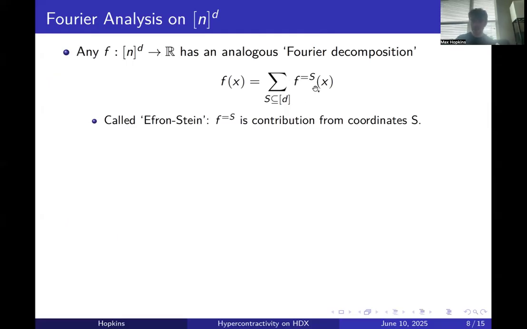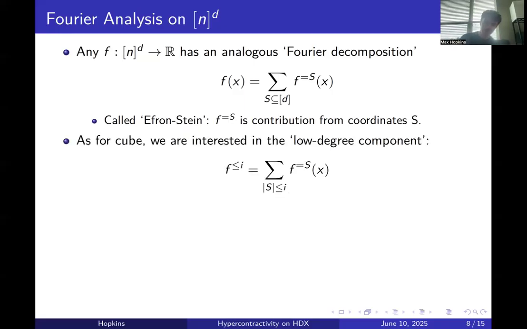F equals S, these are the Efron-Stein components, and roughly speaking, f equals S is the contribution to the function coming from coordinates S. You basically just project onto these coordinates and then use inclusion and exclusion to subtract off contributions coming from subsets of the coordinates. Nothing complicated.